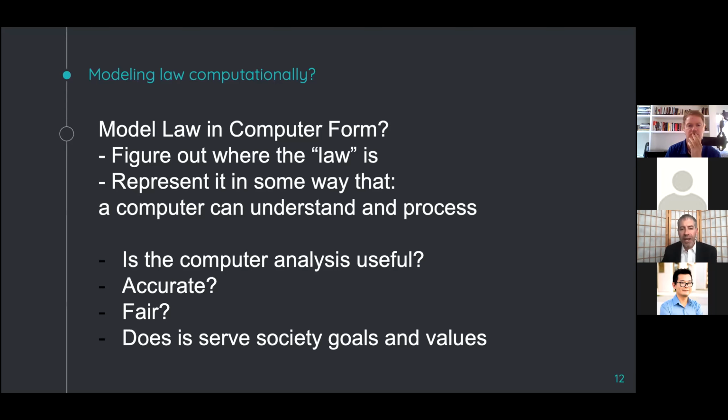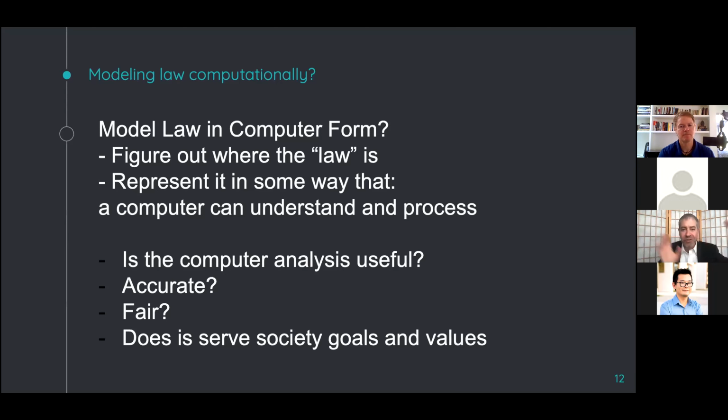Things such as transparency, justice, explanation for outcomes, equality, things that are really important, in a way that preserves the way humans think about the law and the role of the law in society for mediating disputes and keeping order and enabling human flourishing, right?